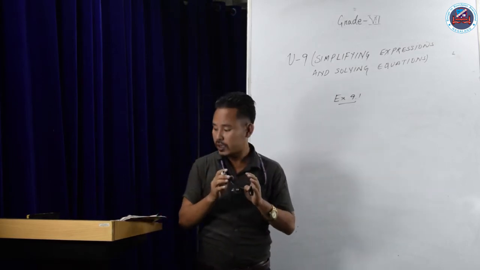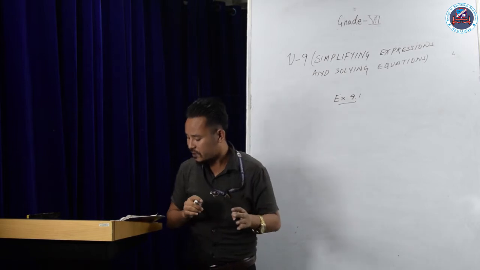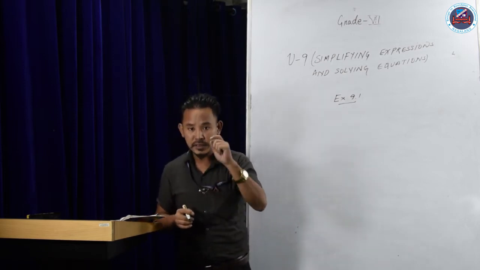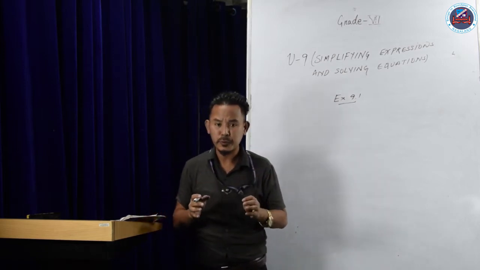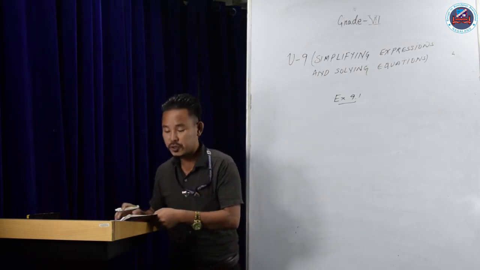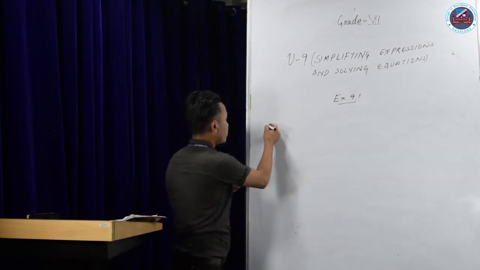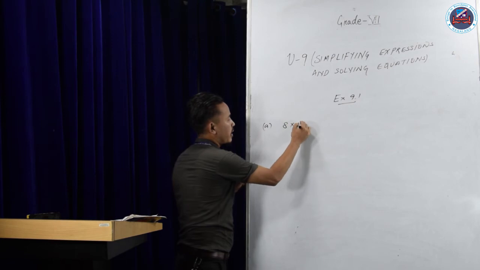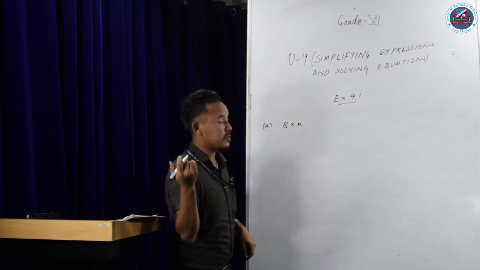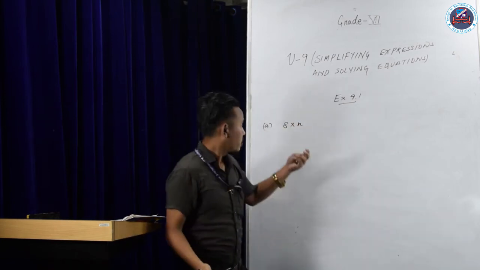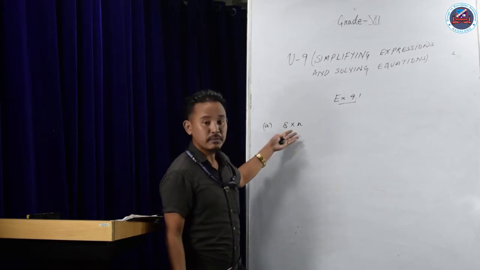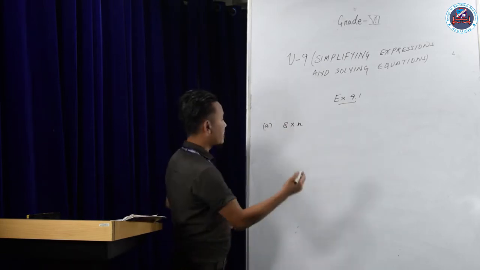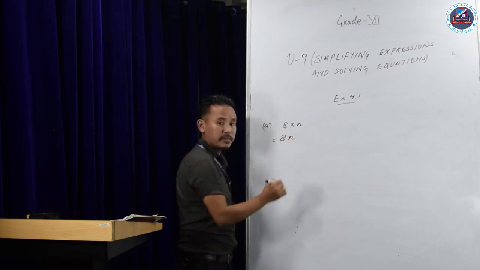When you turn to page number 96, they have given certain guidelines, following which we are asked to solve the following questions. Say I'll do number A, that is 8 into n. When we follow the guidelines, it is clearly mentioned that we are not required to use the multiplication sign. So we can directly write 8n.